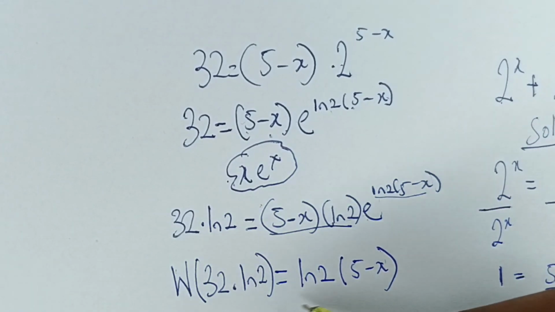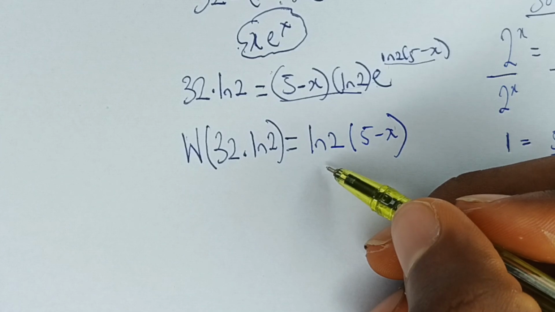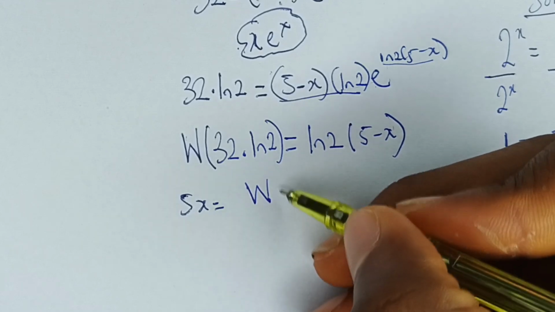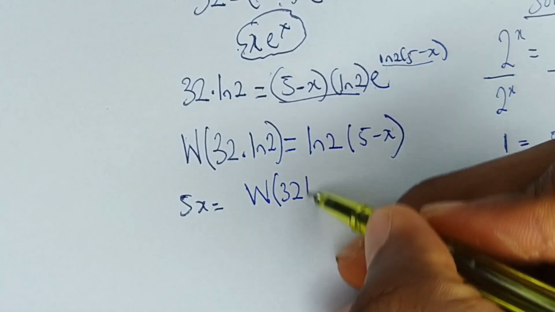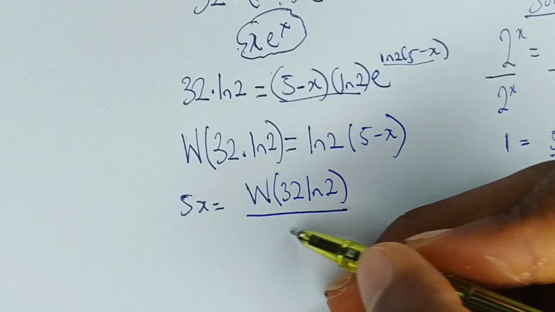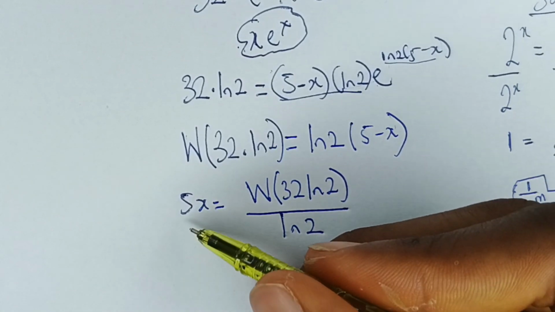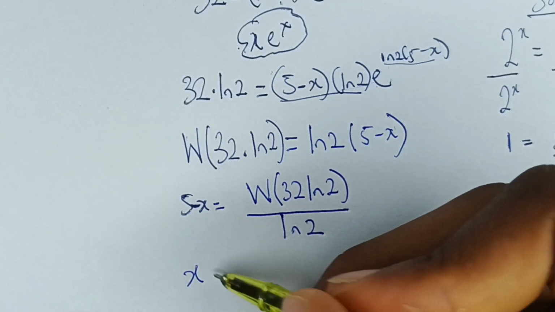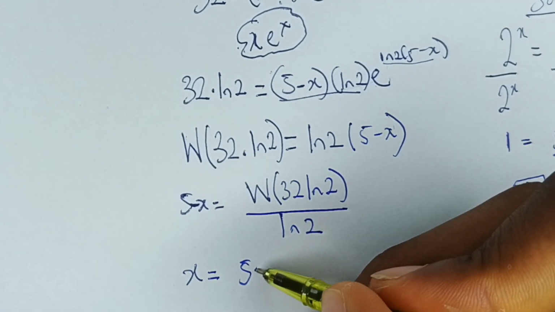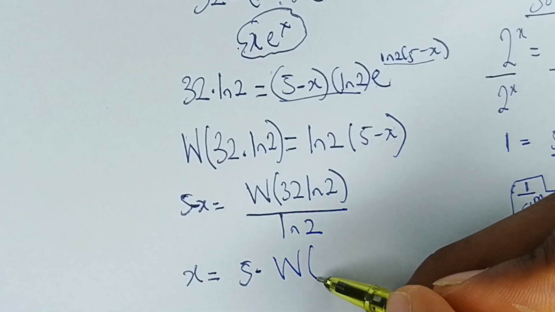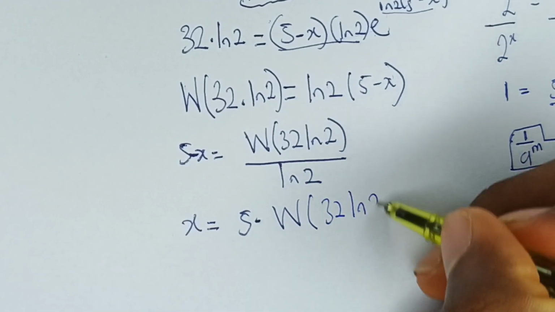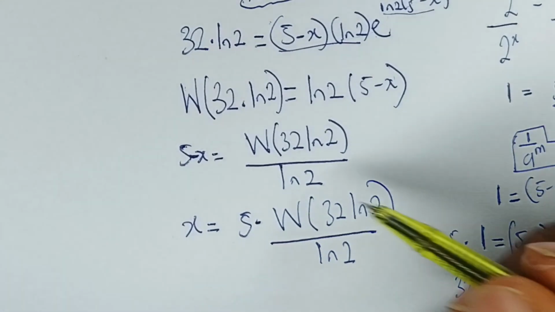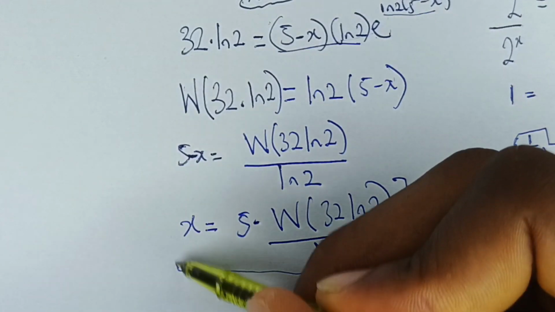Now dividing both sides by ln of 2, we have that 5 minus x will be equal to W of 32 ln of 2 over ln of 2. Hence, x becomes equal to 5 minus W of 32 multiplied by ln of 2, all over ln of 2. So this now becomes the final answer to this question.